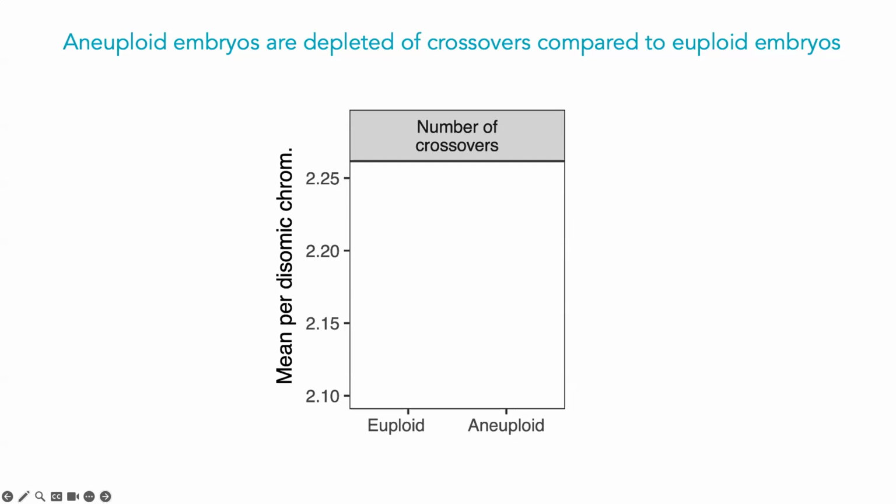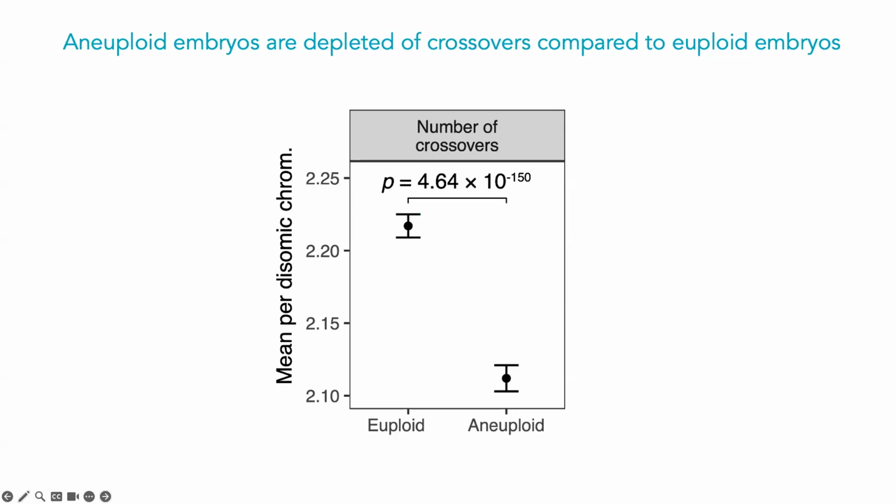However, previous work has demonstrated that counts of crossovers are actually positively covariate across chromosomes of the same meiocyte, of the same sperm cell or the same egg cell. And we can get into the reasons for that. But using that fact, we can focus our analysis on the disomic chromosomes, on the chromosomes that are normal copy number, and contrast between embryos that either do or do not have an aneuploidy on a different chromosome.